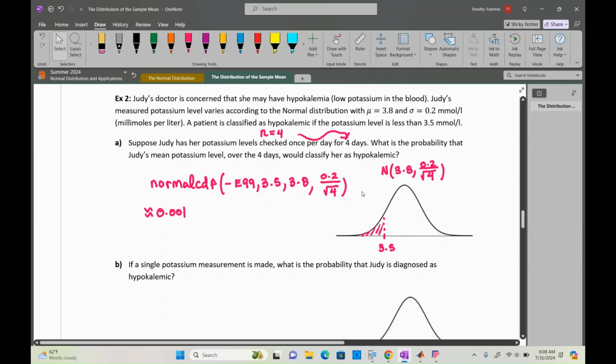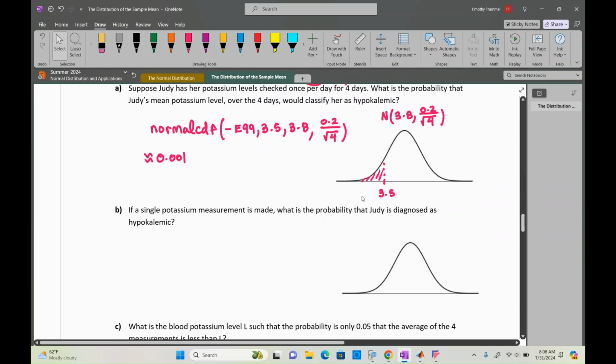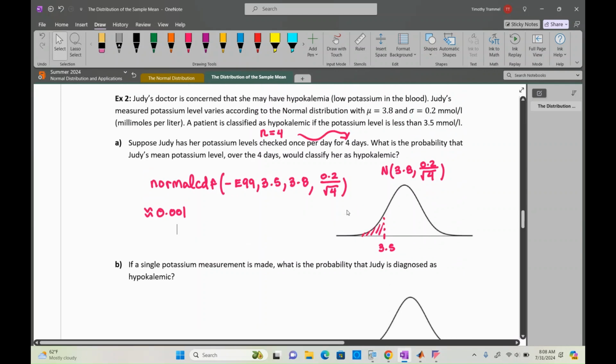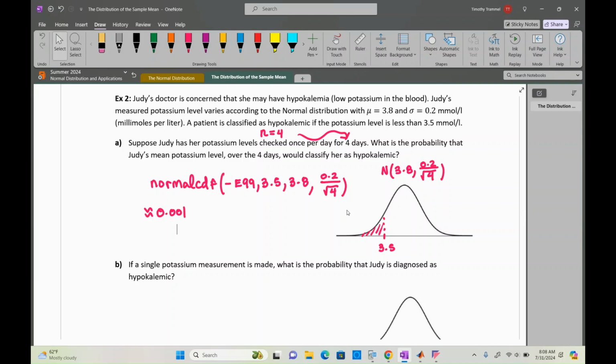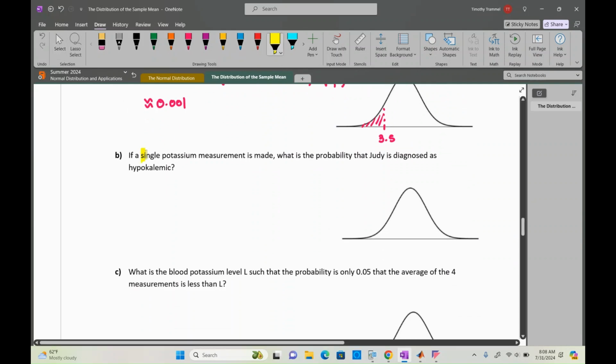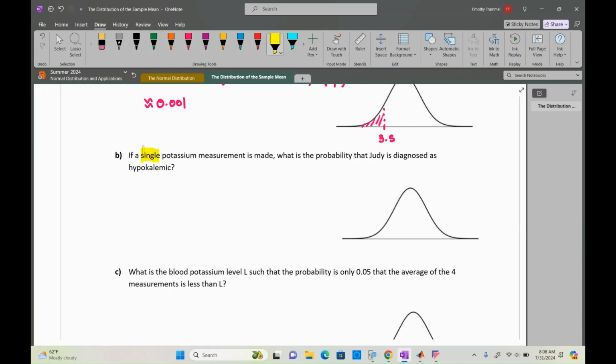However, let's see what happens if we were to take a single measurement. The reason I have these 2 questions right next to each other is that in A, we need a sampling distribution because we have a sample of size 4. In B, you can see that it says a single potassium measurement. This means we will not be working with the sampling distribution. We're just going to be working with the population.